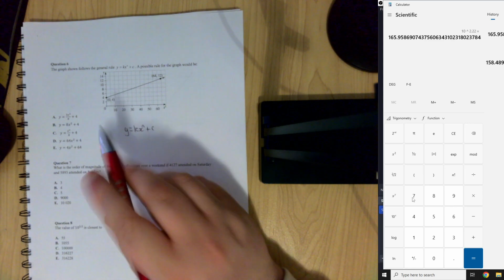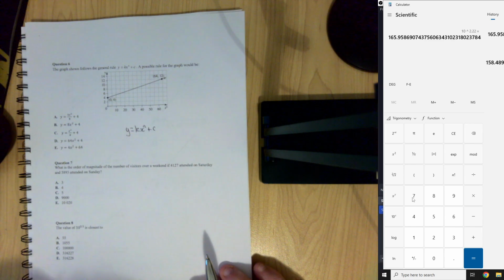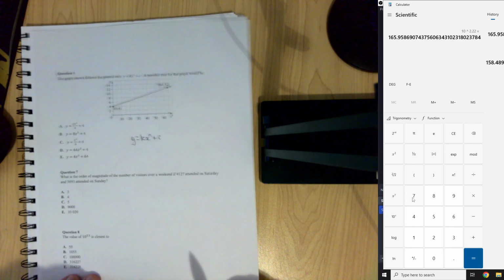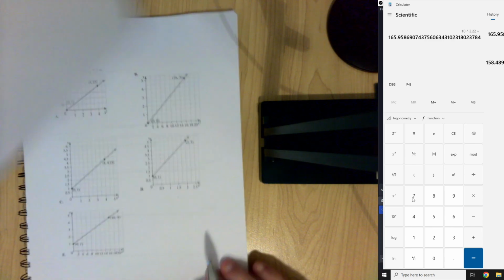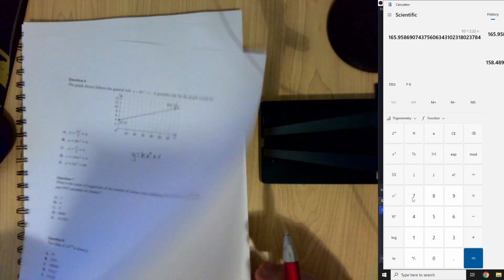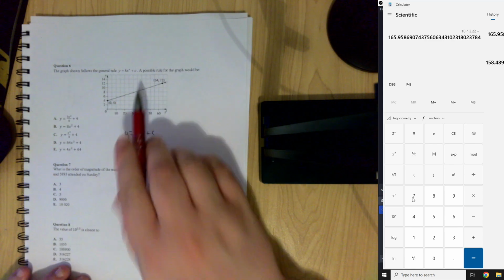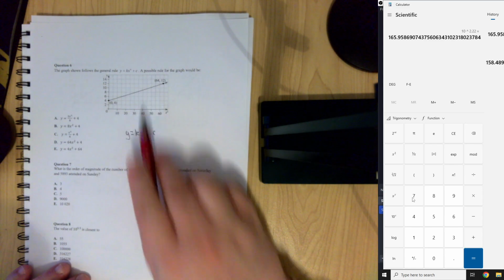Oh, I feel like, did we change this for the, maybe I'm doing an old version of the test. I feel like maybe we didn't scrap this question. That's all right. Anyway, I can just substitute this in to figure it out.